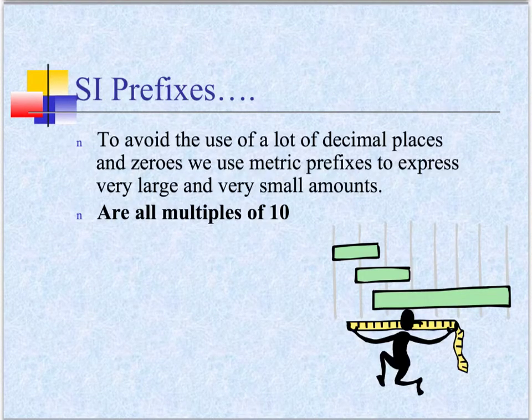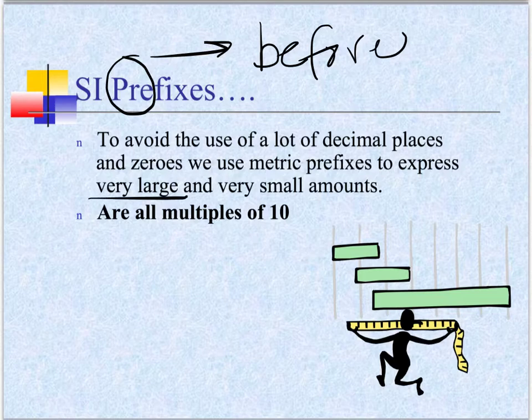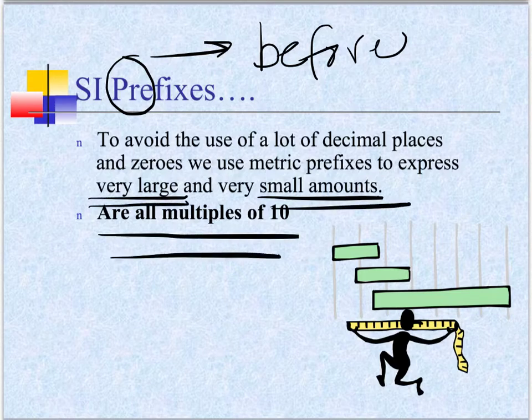So there are different prefixes in the metric system that help you identify what the unit of measure is. And a prefix, the word pre, means before. So the prefix comes before the word, and that determines the measurement. So in this way, we can express very large numbers and very small numbers, and they are all multiples of 10.